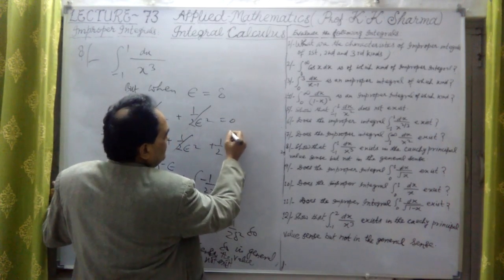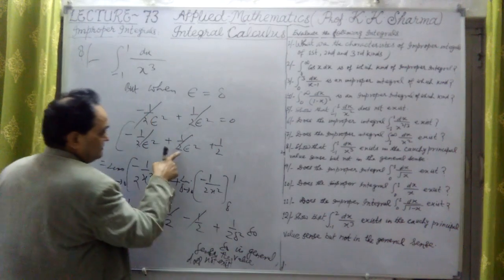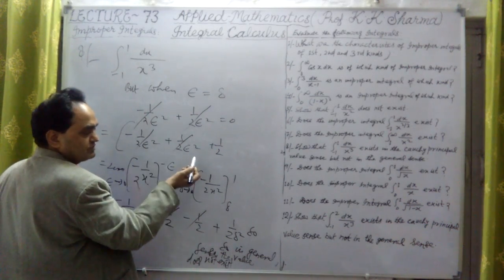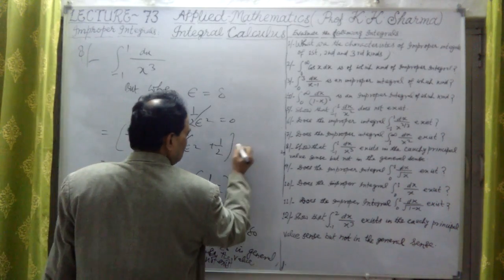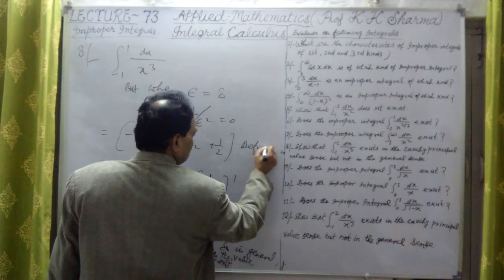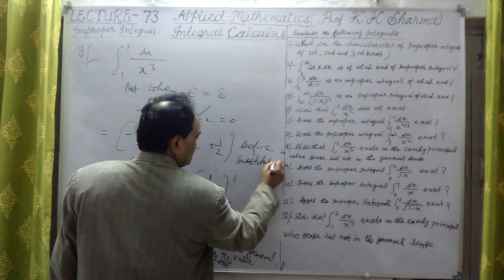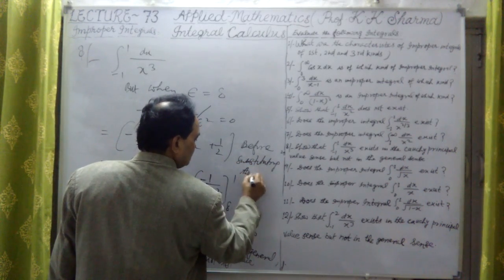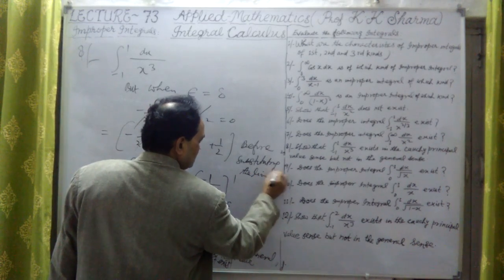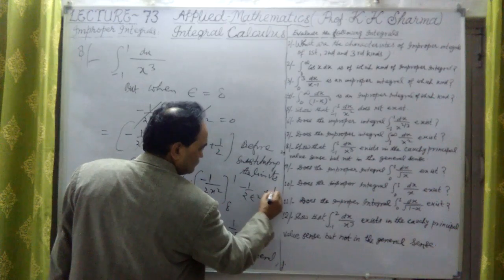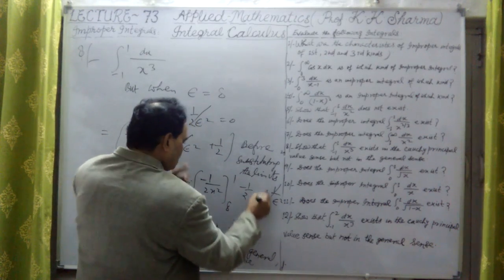So in the principal sense, these two values are already cancelled out before substituting the limits. Minus 1/2 epsilon squared and plus 1/2 epsilon squared are cancelled out.